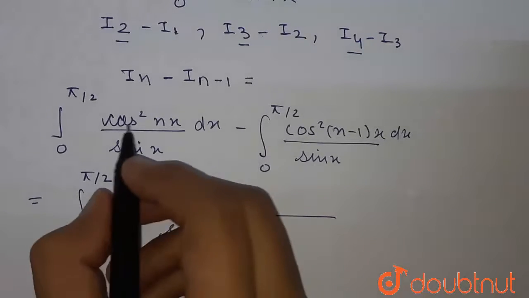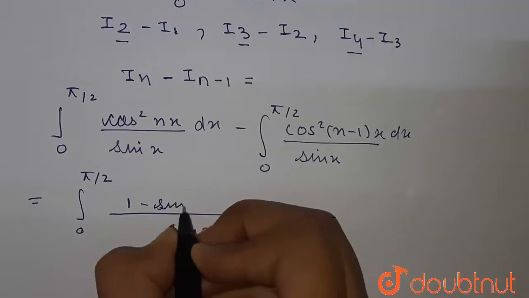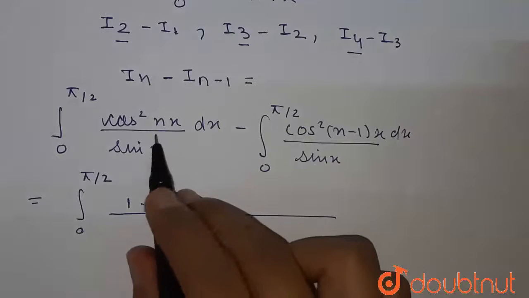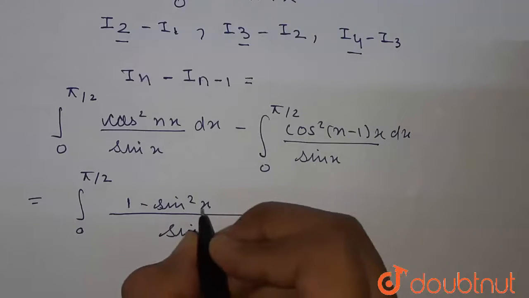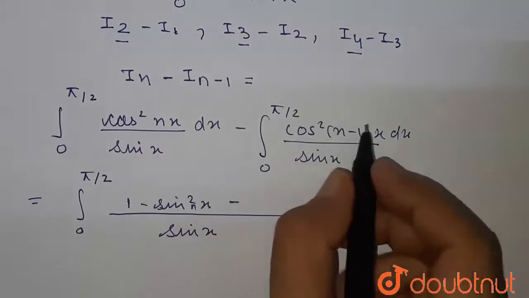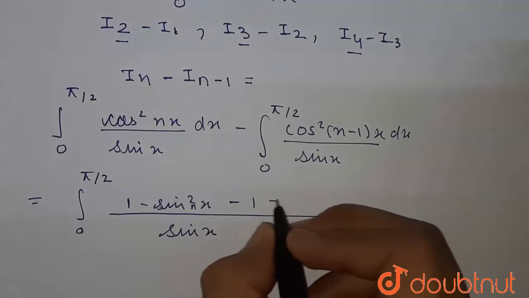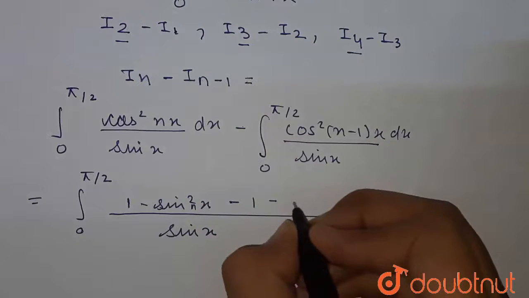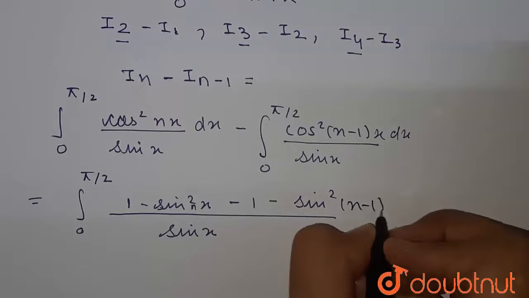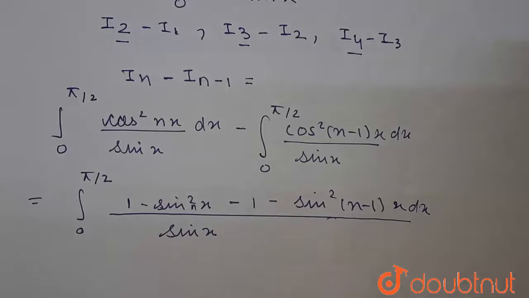Here cos square nx can be written as 1 minus sin square nx, because we know sin square x plus cos square x is equal to 1. Then we are having minus. Similarly, this can also be written as 1 minus sin square (n minus 1)x dx.